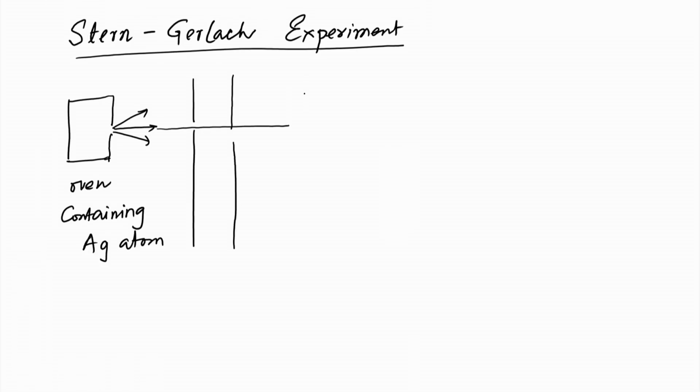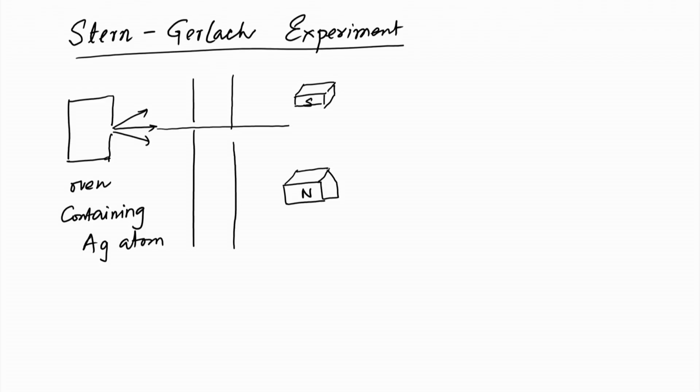And now, there are two pole pieces of magnets. This is the south pole, and it is a specially designed magnet, where one of them is flat, say the south is flat, and the north pole has sharp edges.